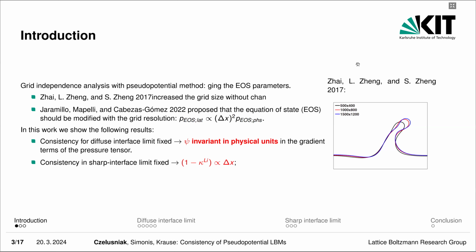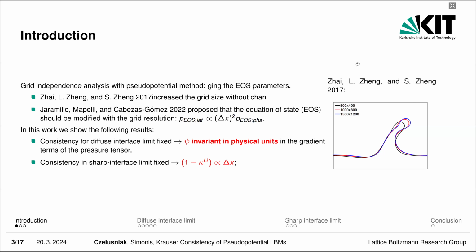So I believe I have more to bring to this field. In the work of Jaramillo, they talk about maintaining the same equation of state for different grids, but they argue that it would be difficult to know what would happen with the surface tension or with the parameters that adjust the Maxwell rule for the pseudopotential method.